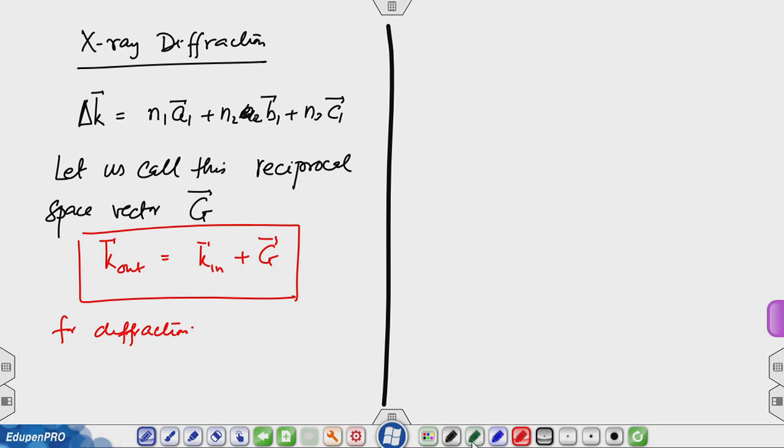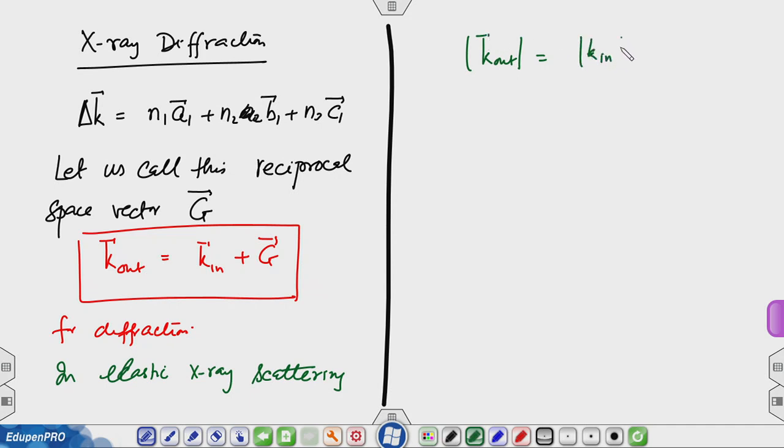Now, in elastic X-ray scattering, that means the energy is not being lost, you are going to have k out magnitude equals k in magnitude.